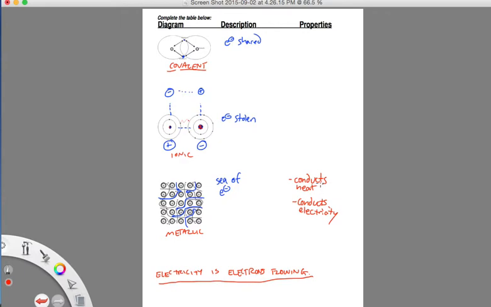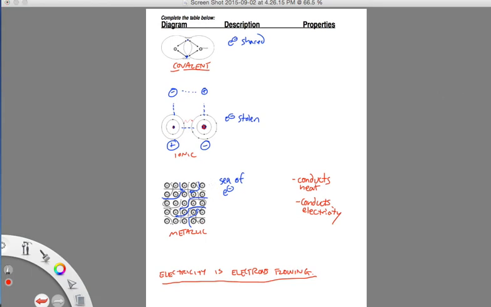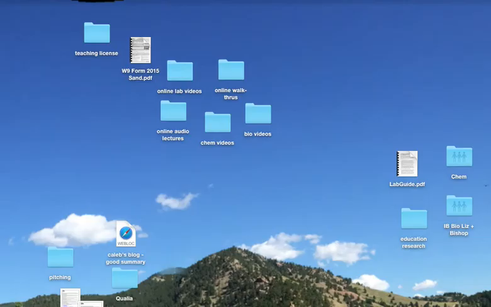Think about when you've got something on the stove, let's say a pot on the stove, you don't want to touch that metal pot on the stove, do you? Because it will conduct the heat right to your fingers, and that will hurt. So both of these properties right here, conducts heat and conducts electricity, they belong to metallic bonds and not the other kinds of bonds. Although I have to say that there are exceptions. There's always exceptions.